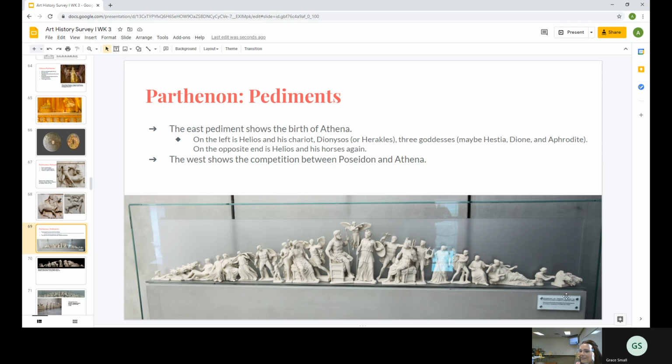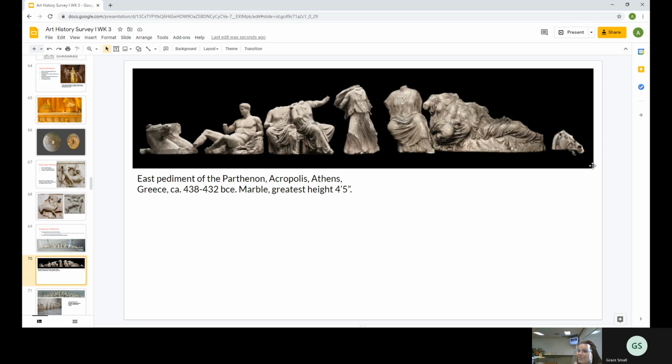And then over on the other side, Helios has just finished his job. His horses are exhausted. And we still have some of the horses. See, this dude's tongue sticking out. He is overworked. And that is from the end of the day. So it's kind of interesting that they have the illustration of the beginning of the day and the end of the day from left to right in the story.